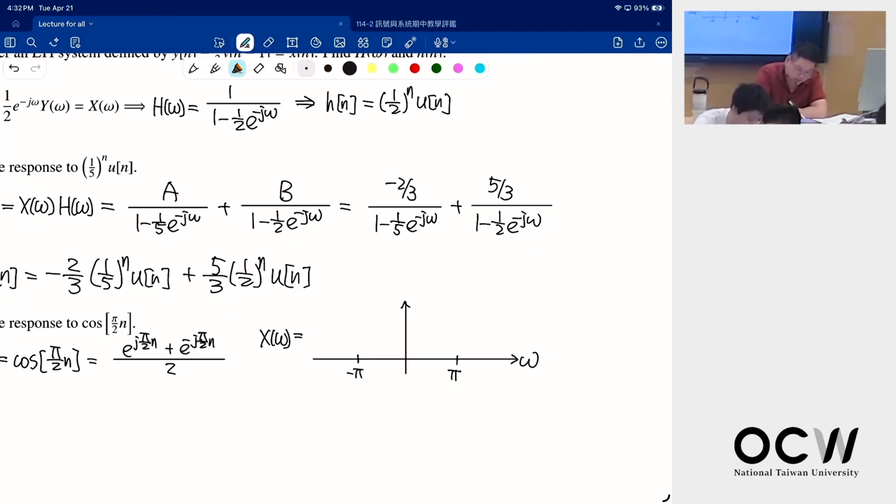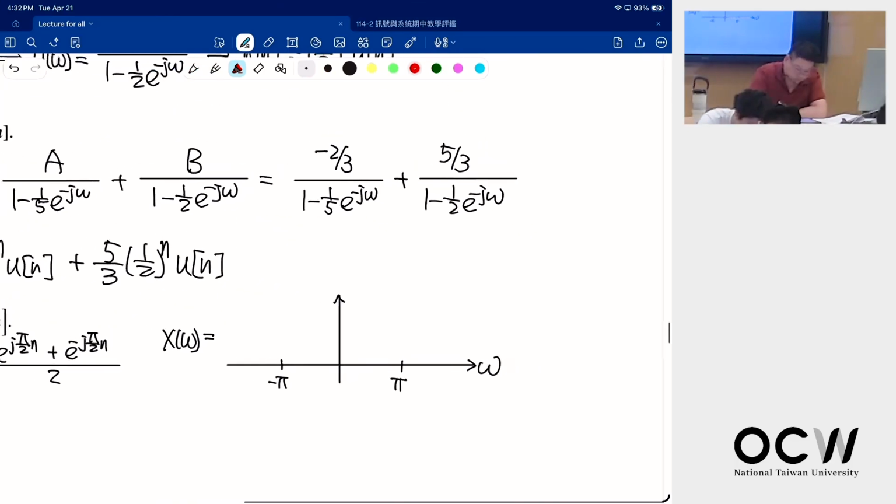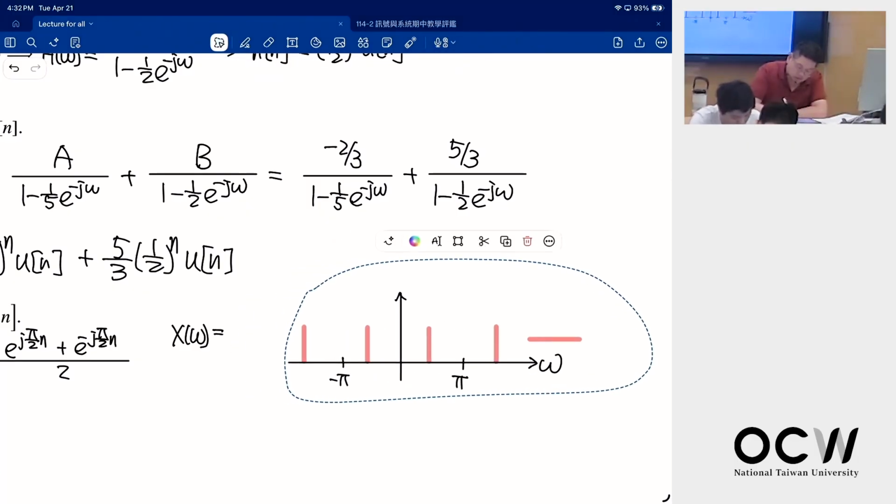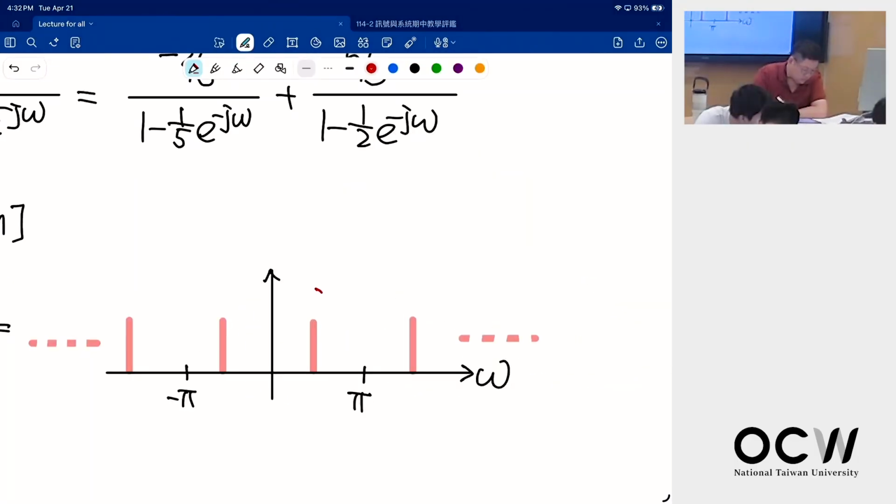So I should have pi over 2 and minus pi over 2, and 3 pi over 2 and minus 3 pi over 2, and it's periodic with period 2 pi.